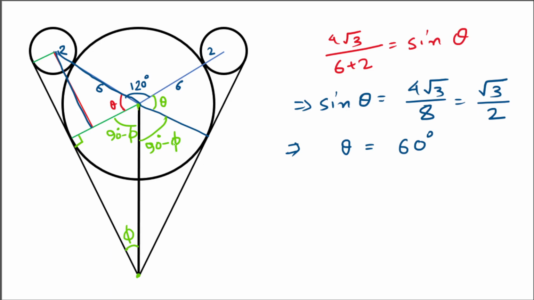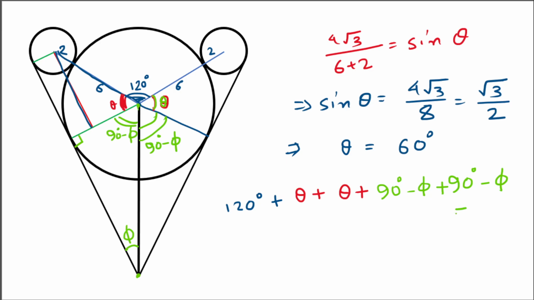So we can write that this angle, that is 120 degree, plus this angle, that is theta, plus this angle which is also theta, plus this angle which is 90 degree minus phi, and this angle which is again 90 degree minus phi, should equal 360 degree.